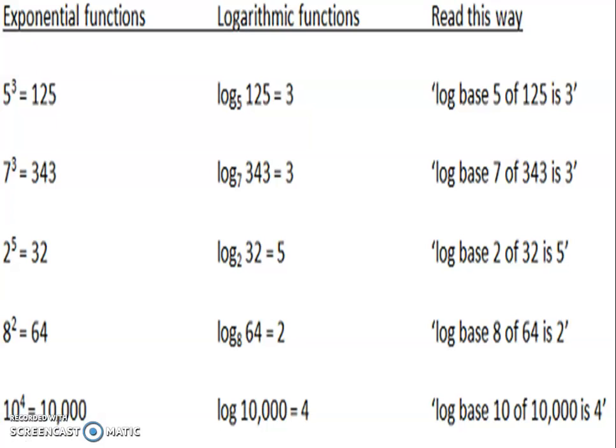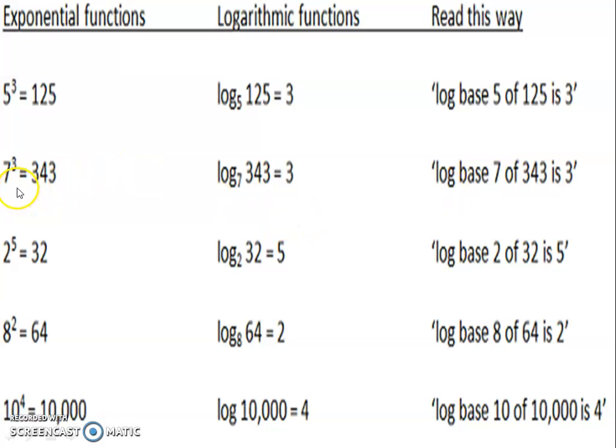It is in exponential form, so I convert to logarithm. I use log of 5, that is the base, log to the base 5 of 125 is equal to 3. So how do I read it? Log base 5 of 125 is 3.